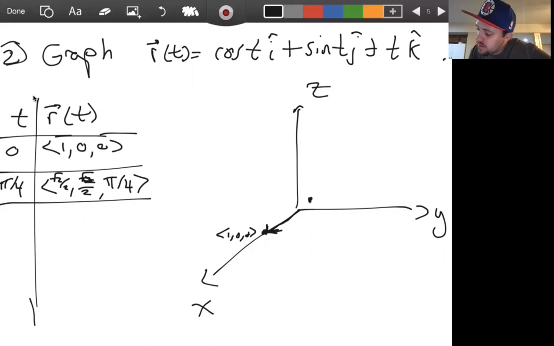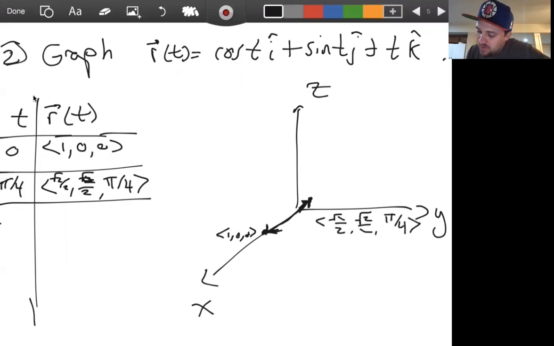So that would put us somewhere here in the vector. It looks like this, kind of coming diagonally out of the screen, right? This is the vector root 2 over 2, root 2 over 2, pi over 4.